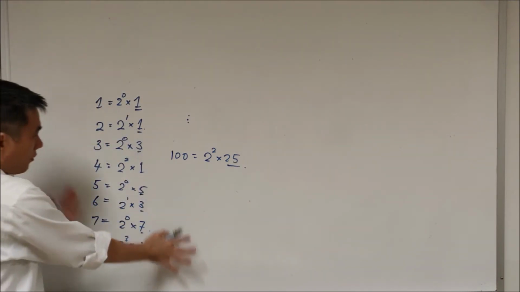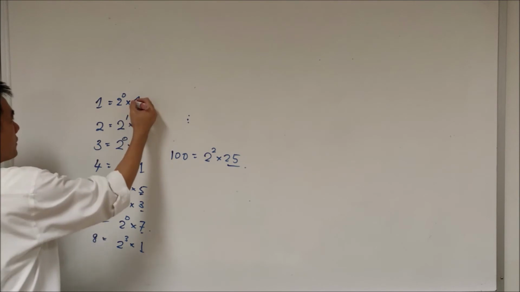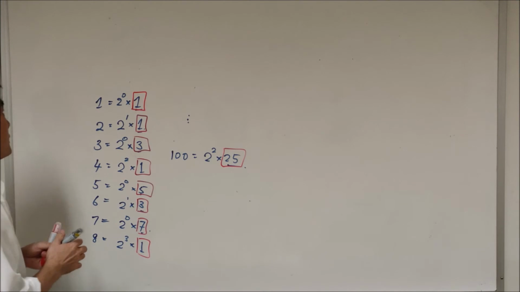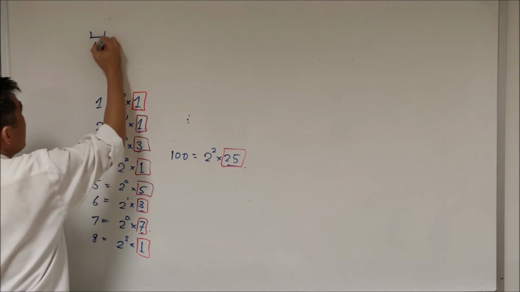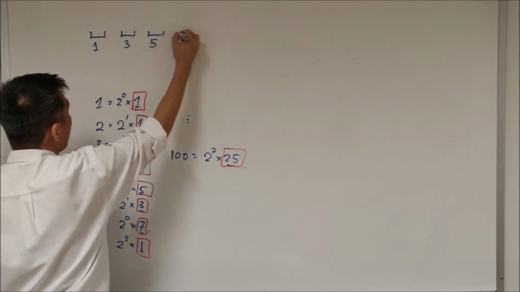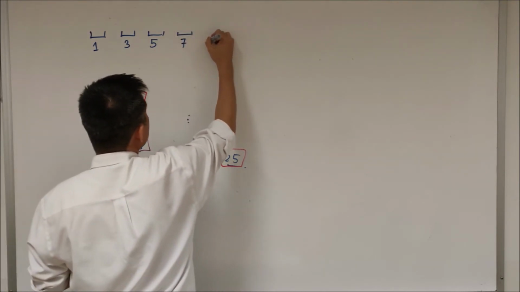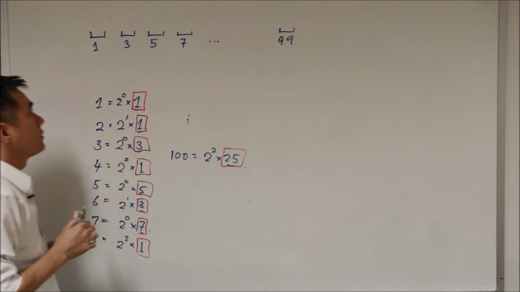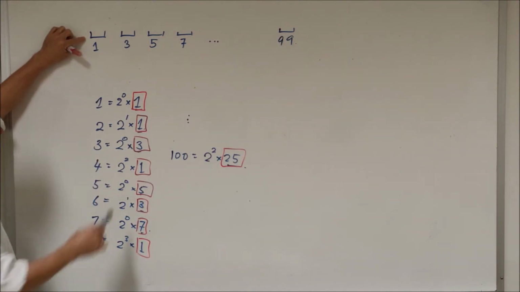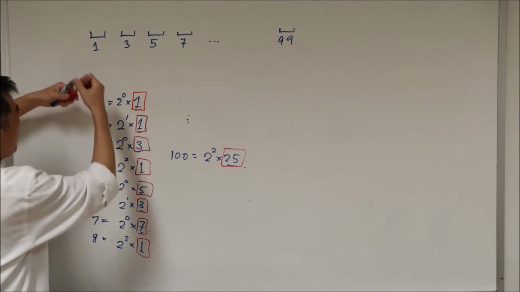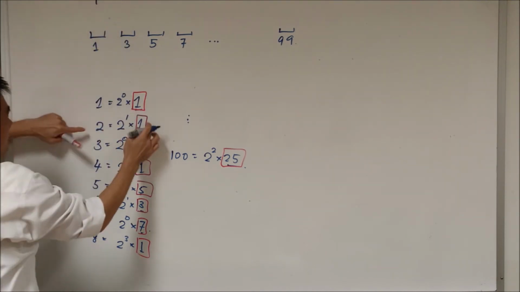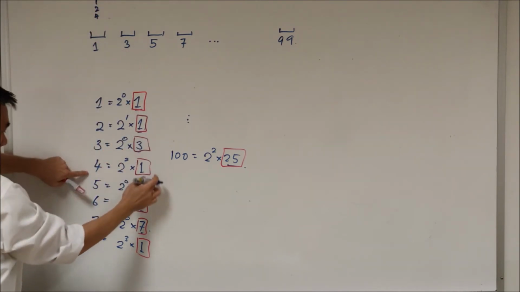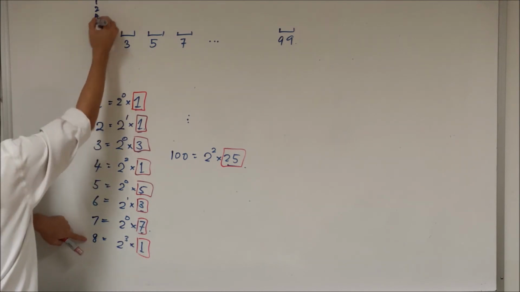After we have written all this, we can group the numbers according to these odd numbers. So I will prepare 50 boxes labeled as box 1, 3, 5, 7, and so on and so forth until 99. For box 1, I'll include the number 1, the number 2, the number 4, the number 8.